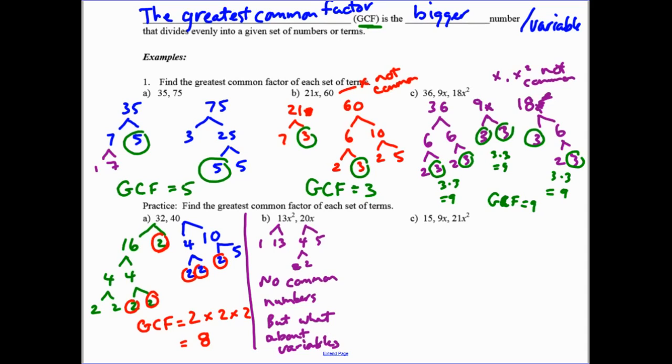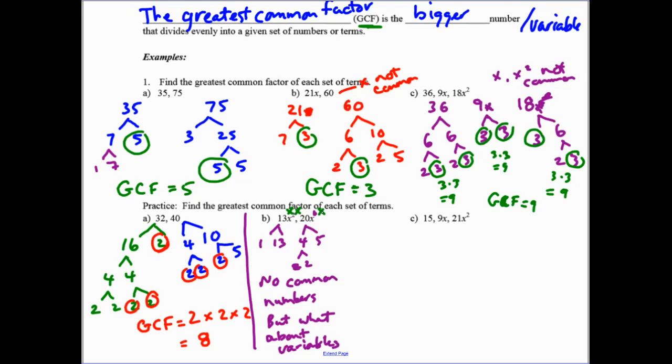So you can only have common to the lowest degree. So when we say degree, the degree of the variable is x to the 2, so degree of 2. This one, there's an x to the 1, so the degree is 1. You can only have common to the lowest degree. So if we were to look at this one, this is x times x, and this one's just x.